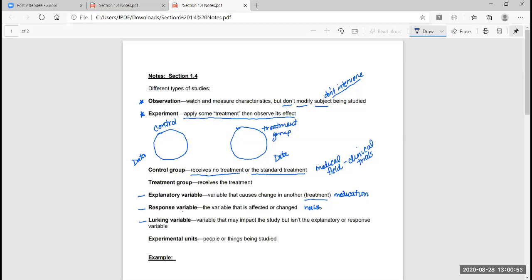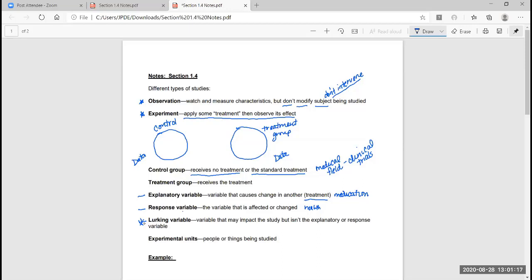And then there's something called a lurking variable. And the lurking variable is a variable that perhaps is impacting the results of your study or the response variable, but it's not directly what you're giving for your treatment.